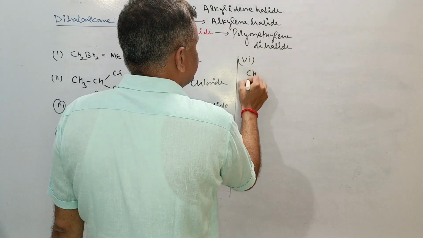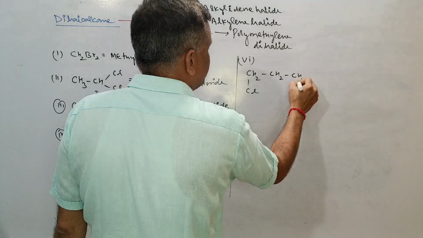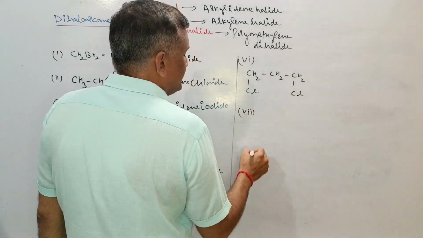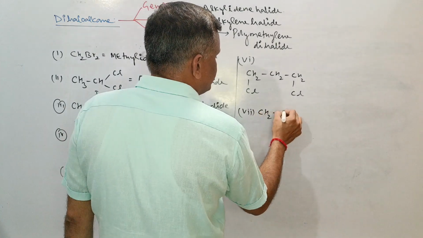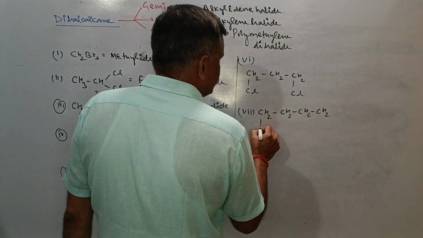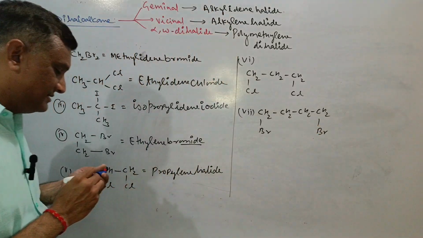If we go with the alpha omega dihalide, then we can take the following compounds. First is your CH2 with Cl, and CH2, CH2. We can take another example, the seventh also: CH2, CH2, CH2 and CH2, with Br and Br. So what will you call it?